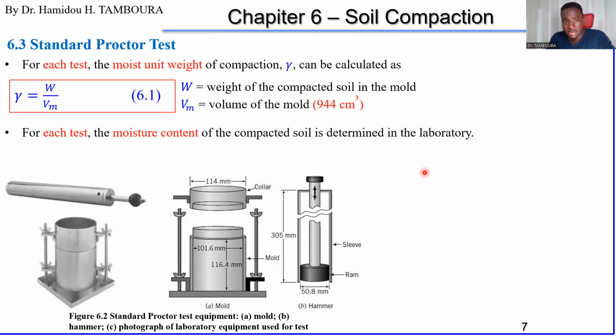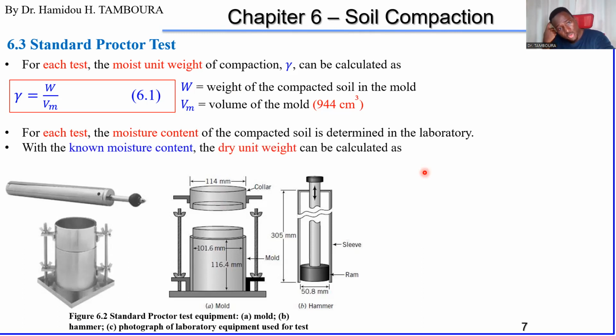Okay, and then for each test again, you can determine the water content of the soil. The value of water content is very important also. And after that, if you know the water content, the dry unit weight can be calculated.